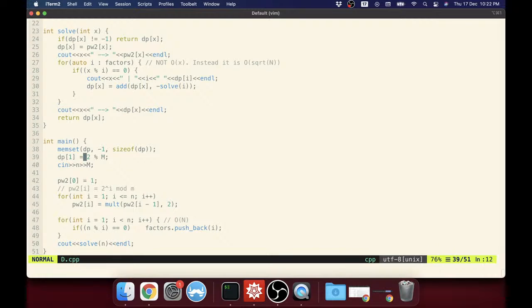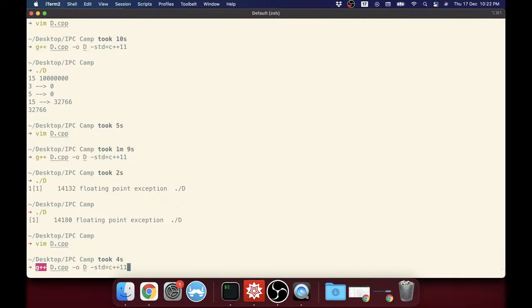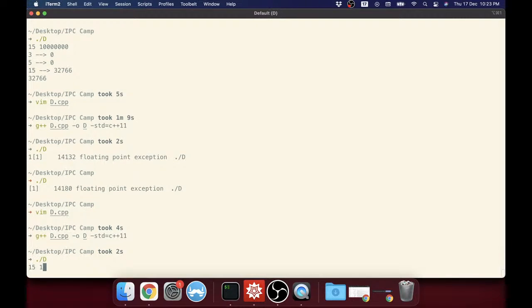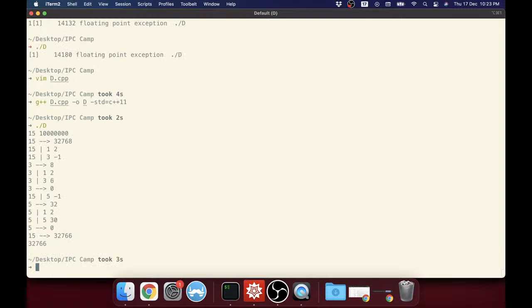Okay, so when it's 15, it's divided by 1 and you get 2, it's divided by 3 and you get minus 1. That's weird. Why do we get minus 1?